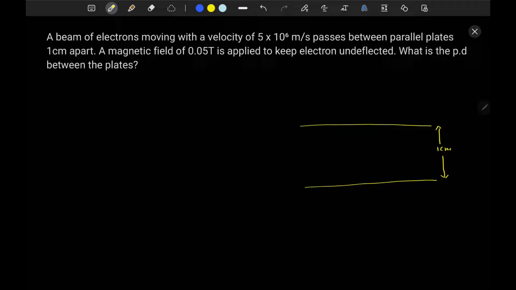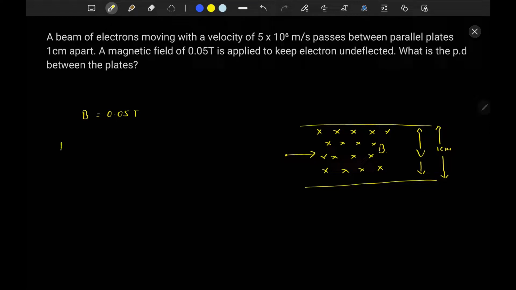Some potential V is applied between the two plates, so that the electric field will be given by E is equal to V by d. Also magnetic field B is applied between the plates. The value of magnetic field B is 0.05 Tesla, and the electron passes through this cross field undeflected.